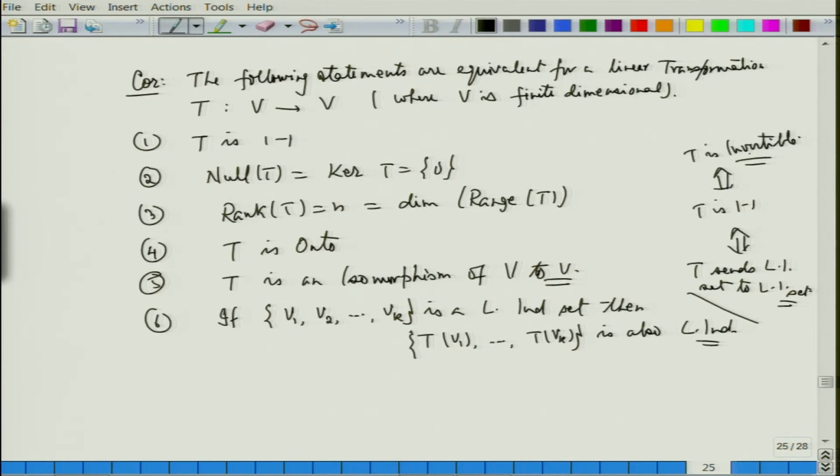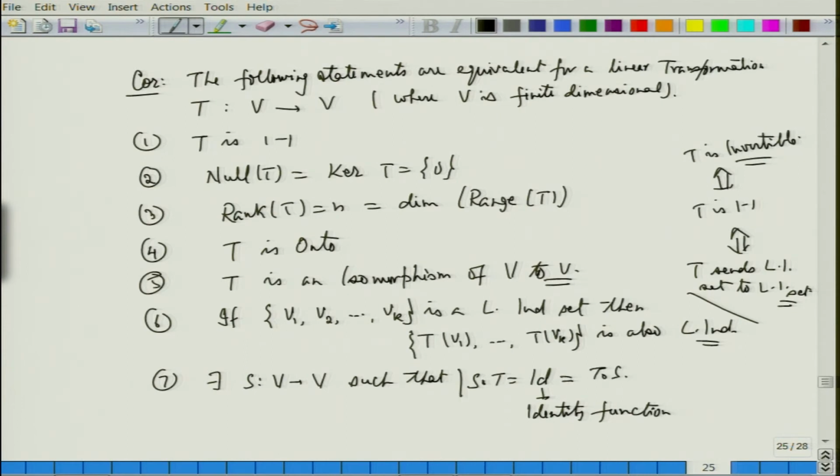So, when I say that T is invertible, I have not given you the idea of invertibility as I said. So, what you are saying is that there exists S from again V to V itself, such that S composed with T is the identity function, which is same as T composed with S. I think I have not defined the identity function for you, I forgot to define it.